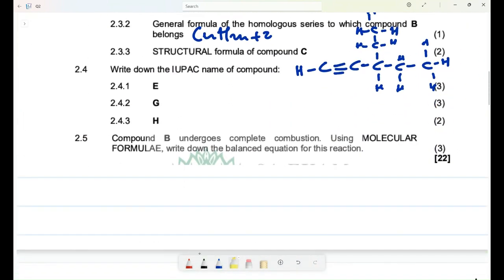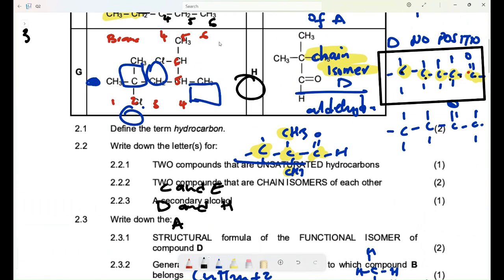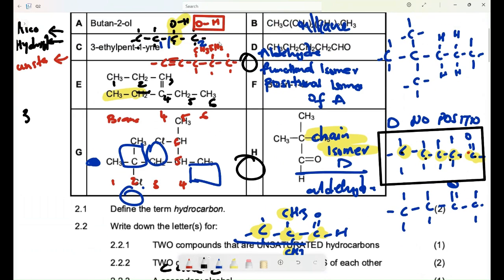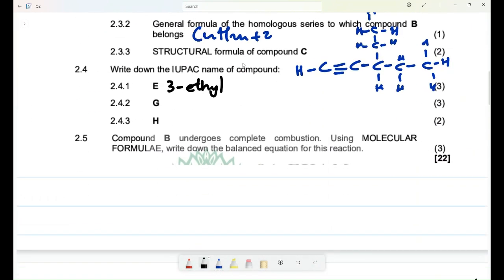When I start with the branch, 3-ethyl. Remember, between a number and a letter, it is a hyphen. Then I look at the longest chain, which is hex, 6. 3-ethylhex. I do not need a hyphen because it's still letters.